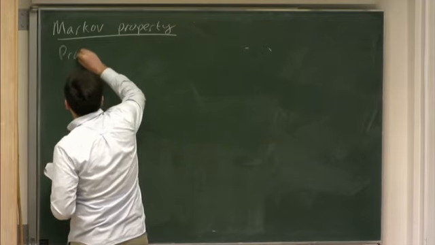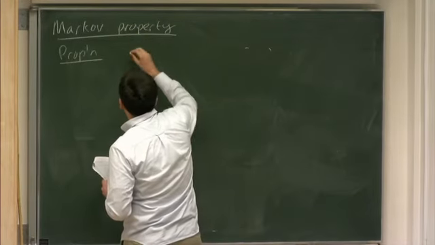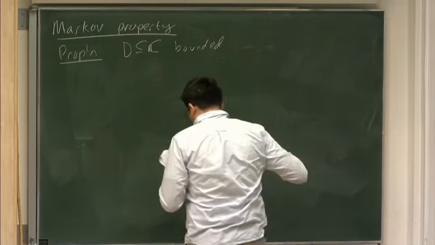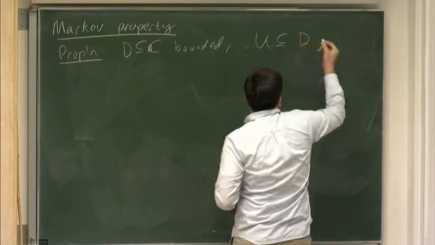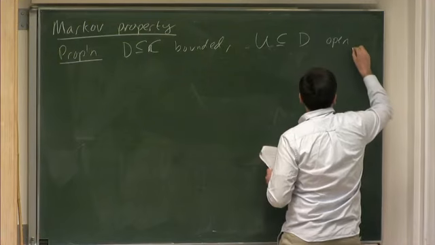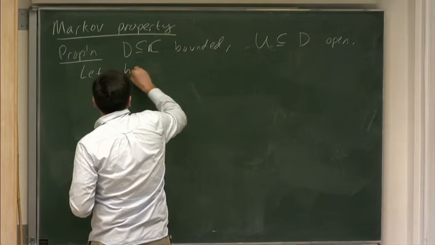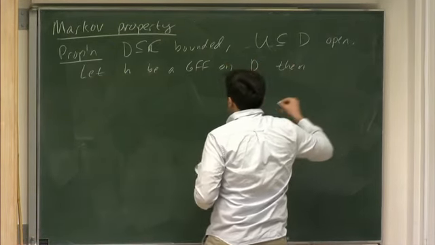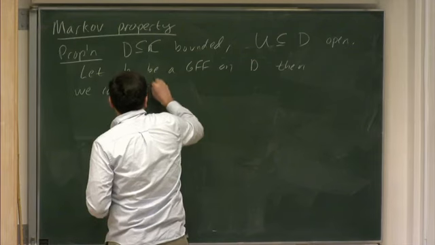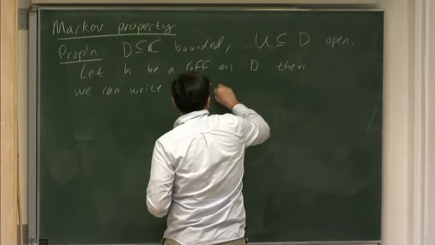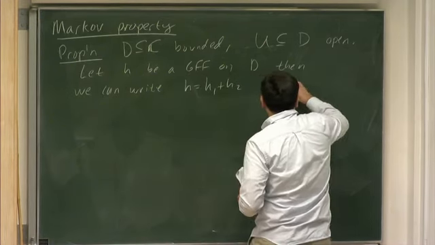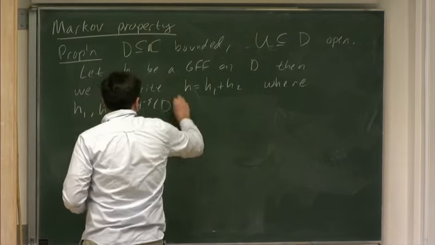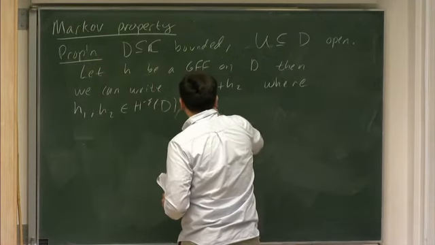Here's the statement of the result: if we have a bounded domain in the complex plane, and we have a subset of our domain which is open, then if H is a Gaussian free field on D, we have that this H can be written as the sum of H1 plus H2, where H1 and H2 are both in H minus epsilon of D, and they're independent.